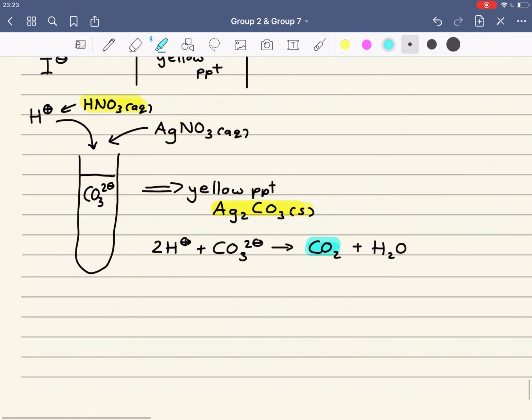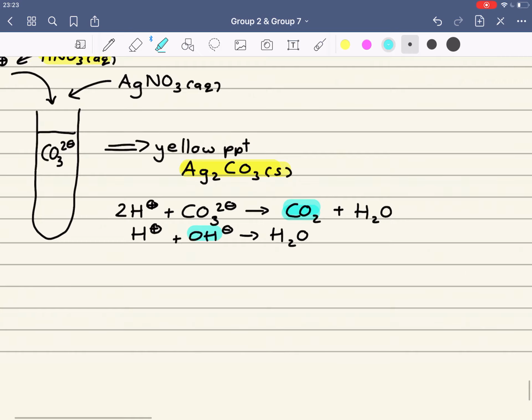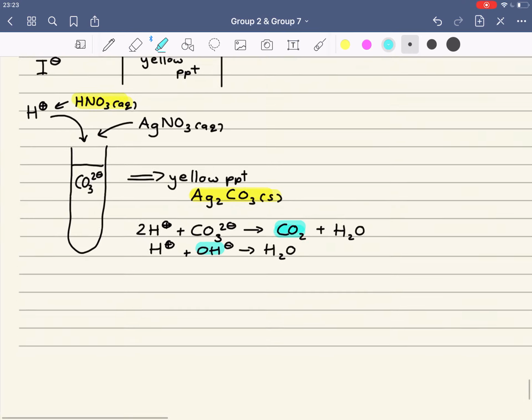So we add acid to remove any soluble impurities like carbonates. Other impurities would include hydroxides as well, and hydroxides can be removed by the following equation. That would remove any soluble hydroxide impurities. Silver hydroxide would also give you a precipitate.